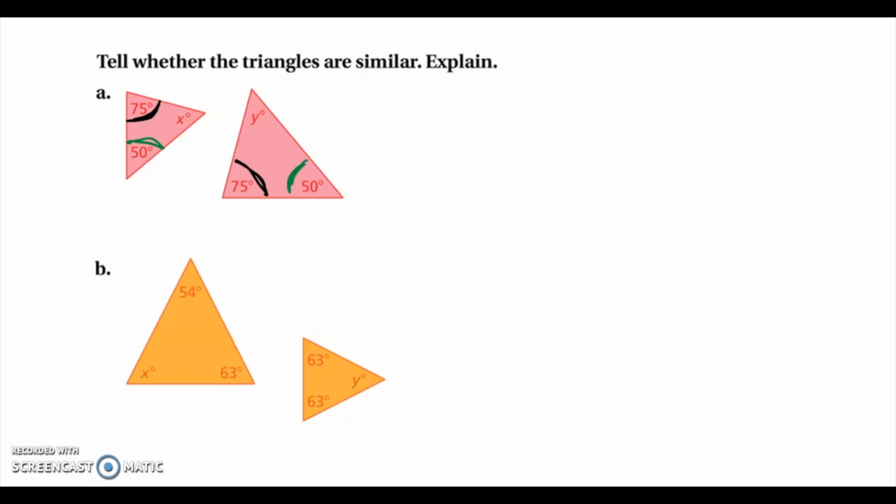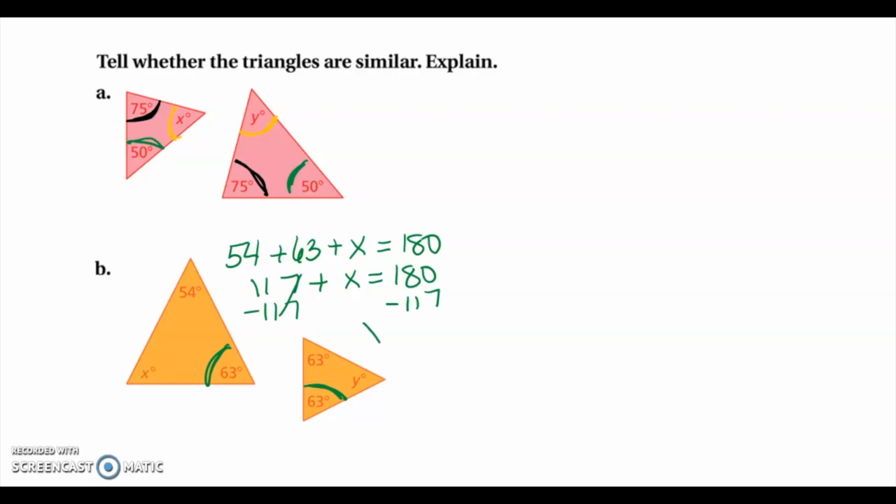So since two of the angles match, we know that all three angles have to add up to 180 degrees. So that tells us that the third angle must match because they would need the same value in order for the three angles to add up to 180 degrees.